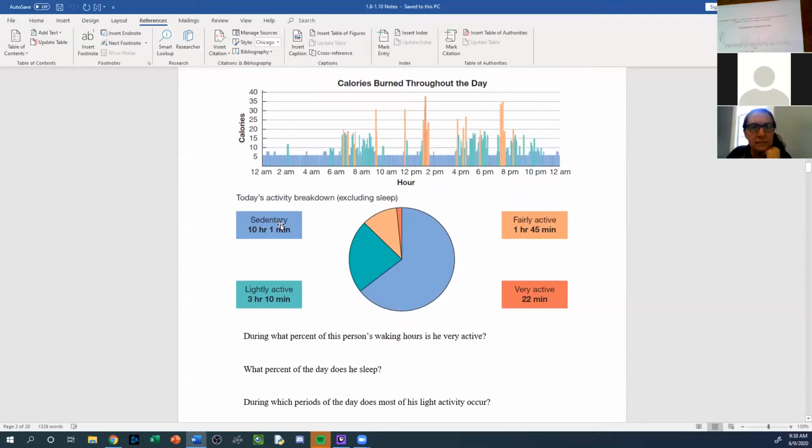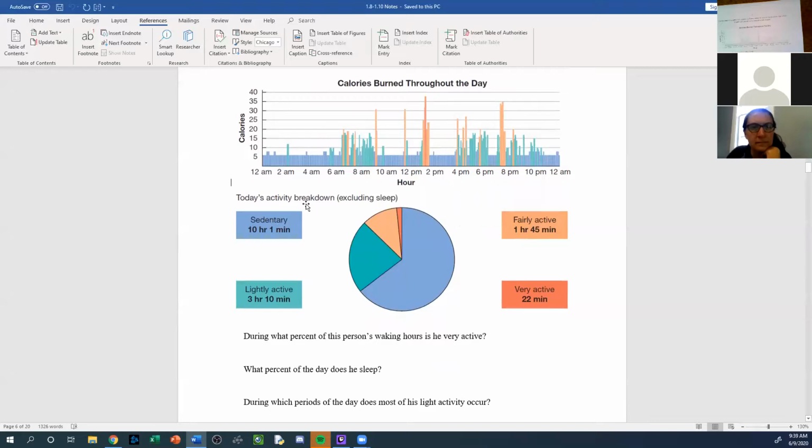Well, if I look at the circle, it doesn't necessarily represent 24 hours, right? Because if I add these together, I have like 10 hours, 3 hours. It's more than that though, right? Because we have like 10 plus 3 plus 1 hour. That's 14 hours right there, and maybe another hour in between those. So we have about 15 hours here.